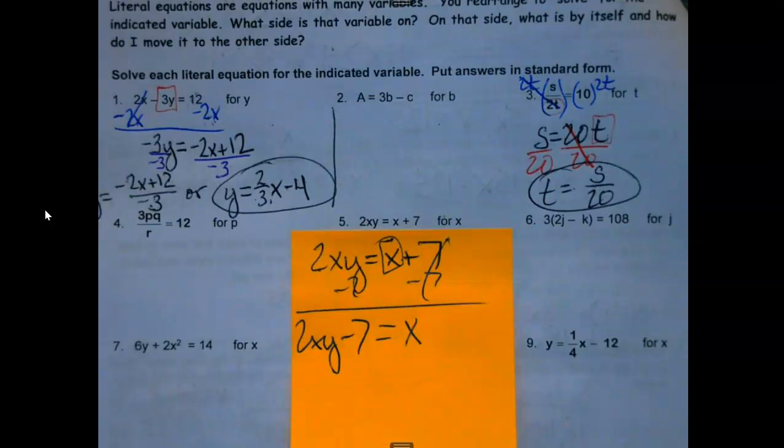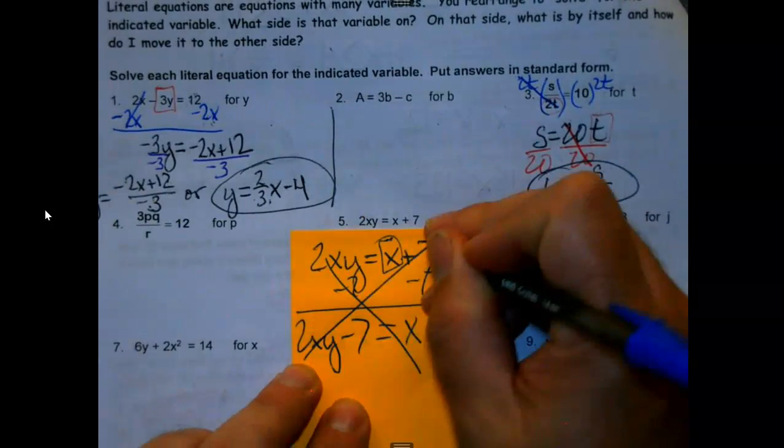What do you mean, no? You got x by itself. Here's the thing, and we're going to put a little note about this up in the top. When you're solving for a variable, that variable itself cannot be part of your answer. X cannot be part of the answer when you're solving for x. This doesn't work.